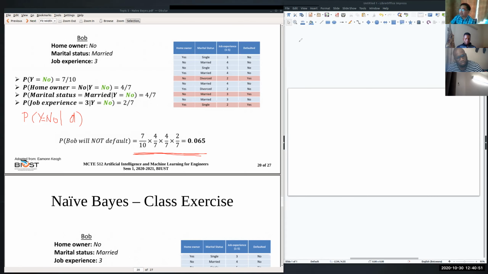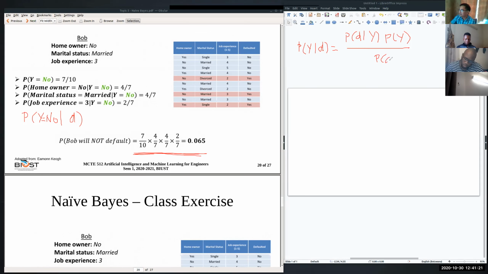Our understanding of the Bayes theorem is that if you are given a Y, an output, we want to know the output given the attribute D. So Bayes theorem is probability of D given Y, times probability of Y, divided by probability of D.